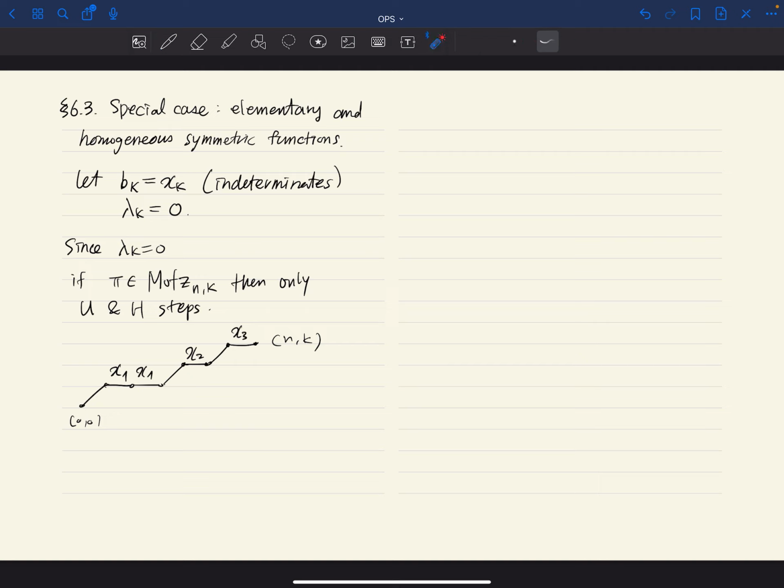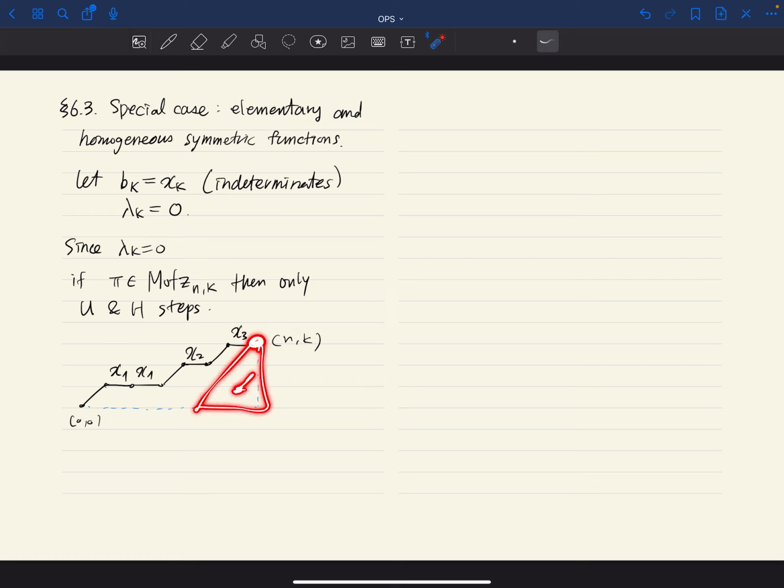So our Motzkin path looks like this, only up steps and horizontal. So we cannot go down. But let's see what this is. So this is n, this is k, but in fact, we cannot go inside this region because we have to go over here.